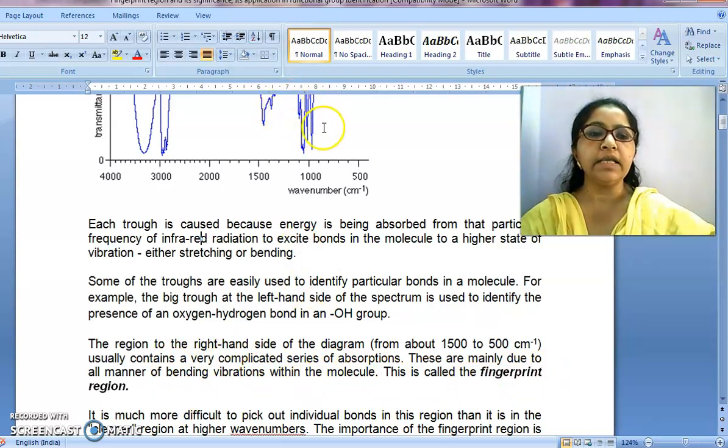So these are mainly for the bending, for the overtones, and some of the C single bond C and C single bond O stretching frequencies. Therefore these are mainly due to all manners of bending vibration within the molecule. This is called the fingerprint region.